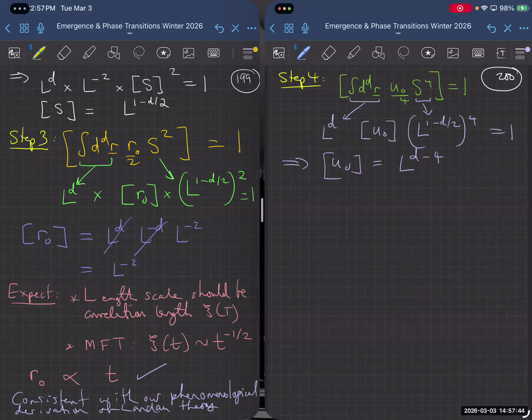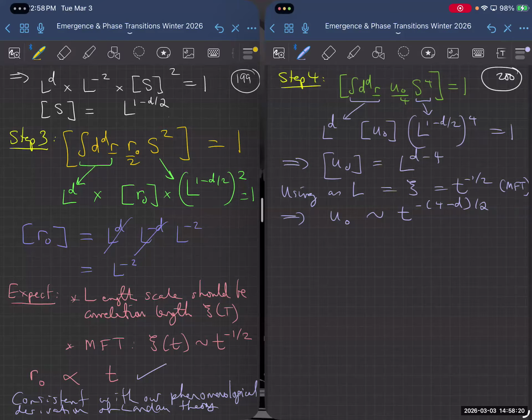Okay. Now, the characteristic length scale associated with the phase transition is the correlation length. So using as our characteristic length scale L equal to the correlation length, that is then t to the minus 1/2 in mean field theory. We already know that. And so that means that u naught scales like t to the power minus (4 minus d)/2.